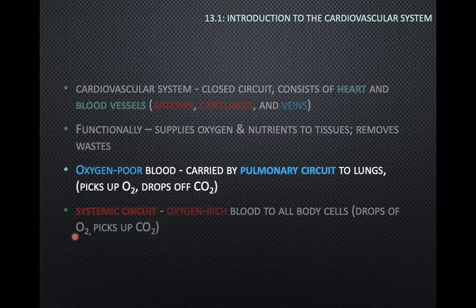So it's this cyclical process where we send fresh, clean blood to the body, rich in oxygen, and we pick up kind of dirty blood, or blood heavy in waste and carbon dioxide, and bring it back to the heart for cleaning.